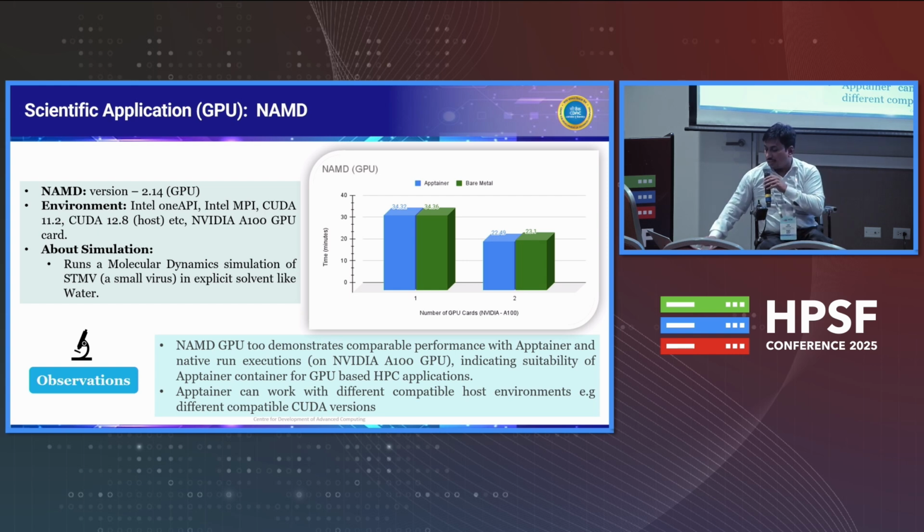For the benchmark which I had taken, the Apptainer image was built with CUDA 11.2, but when I was running on the host, the host CUDA version was something like 12.8. So you just check the compatibility of the versions. If you are using Intel MPI in the Apptainer, you just make sure that Intel MPI is there on the host, and most of the things will be done for you. Yeah, thank you.